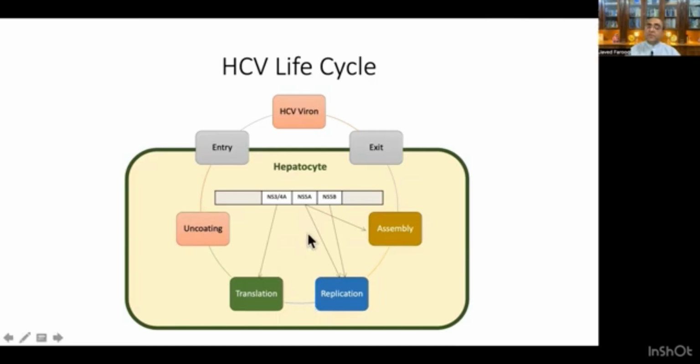Their mechanism of action will be this, and when we use them in combination, they may inhibit one or two or even all three processes, and by that mechanism they inhibit the virus and eradicate the virus.